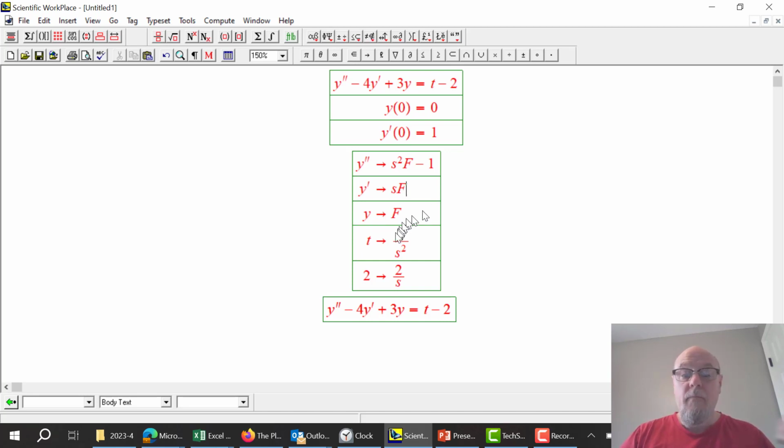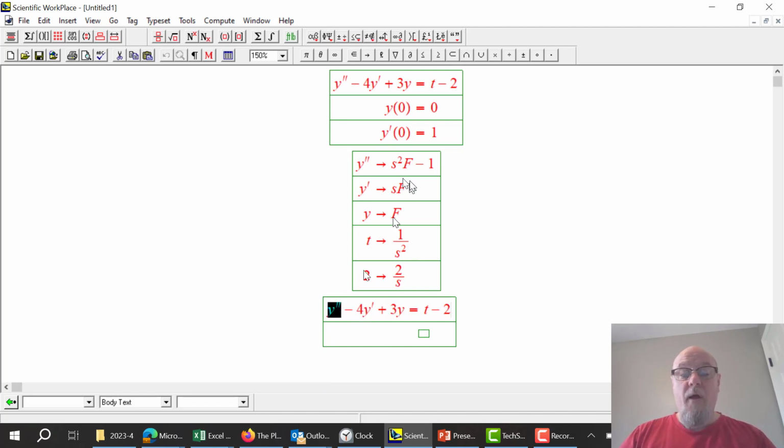From the table, the transform of t is 1 over s squared, and the transform of a constant is that constant over s, so 2 transforms to be 2 over s. These are all the transforms that I need. Here's the differential equation. I'm going to take the transform of the entire differential equation.